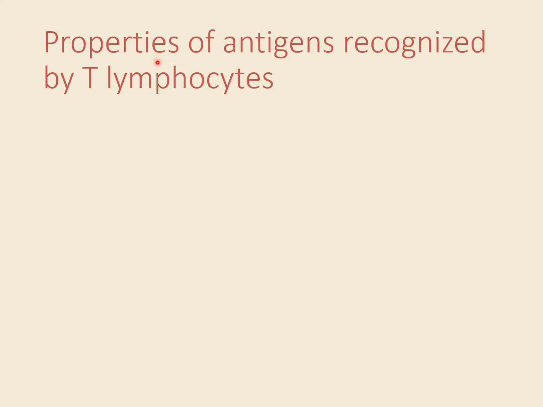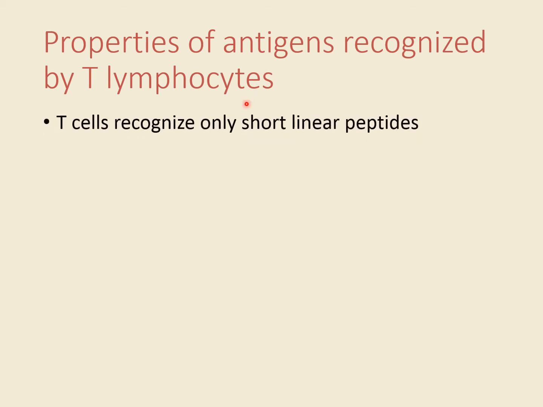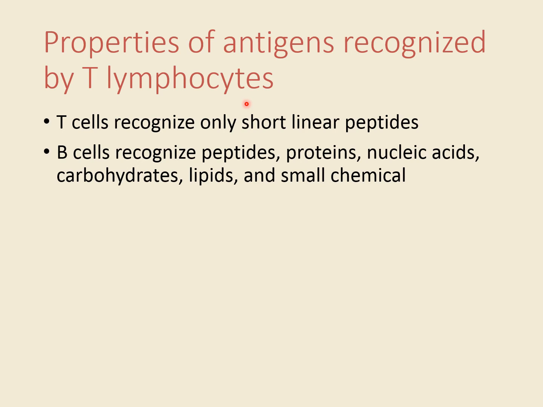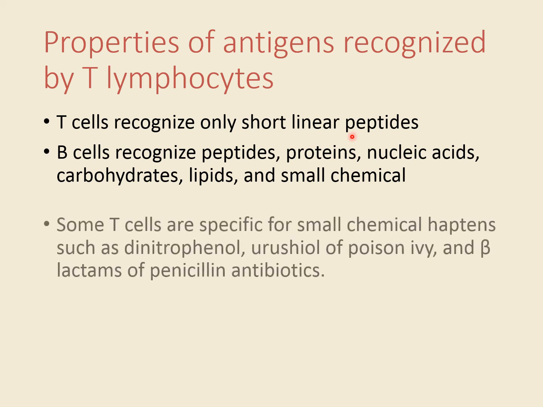Now let's look at the properties of antigens which need to be processed and presented by antigen presenting cells and recognized by T lymphocytes. T cells basically recognize only short linear peptides. However, B cells can recognize peptides, proteins, nucleic acids, carbohydrates, and a variety of different compositions. So only the proteinaceous antigens are processed to be presented to T cells via APC and MHC molecules.